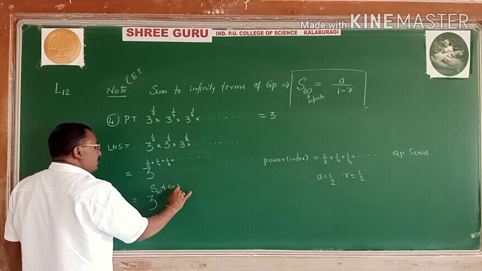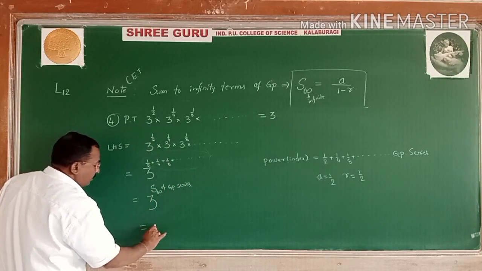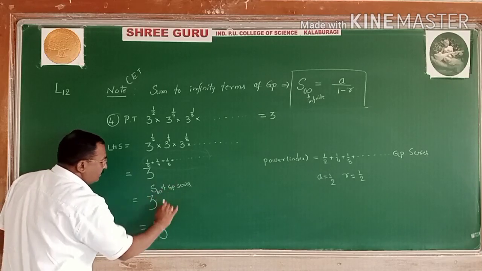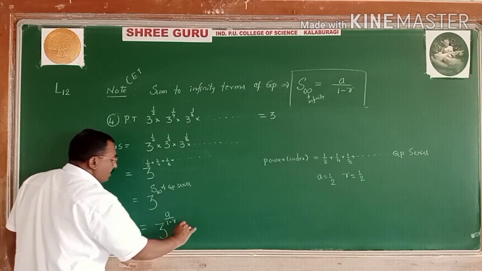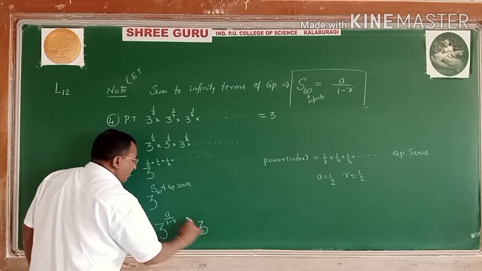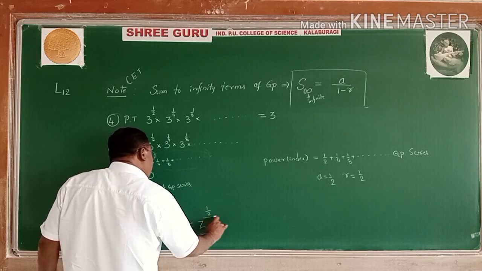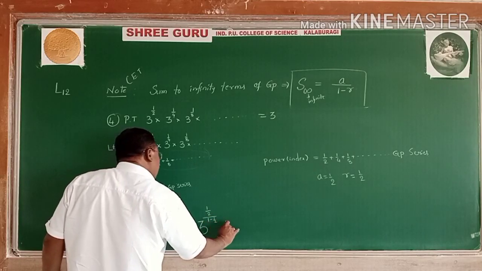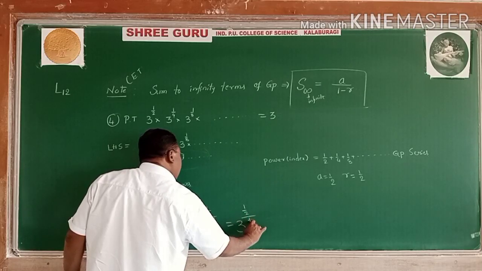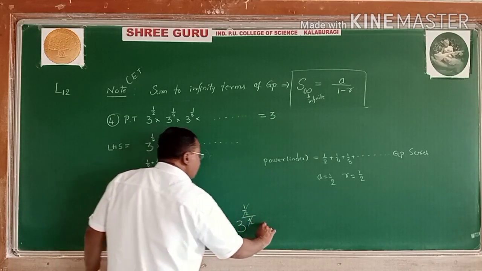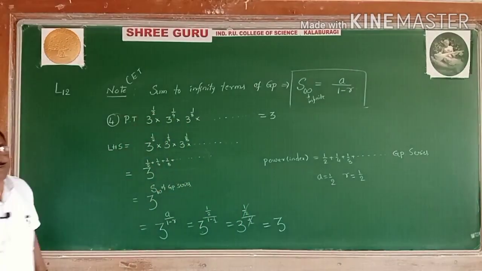So it is 3 power S infinity of the GP series, formula A divided by 1 minus R, which is 3 power A, that is 1 by 2, divided by 1 minus R, that is 1 by 2. The 1 by 2 cancels, giving 3. That is the RHS, 3.